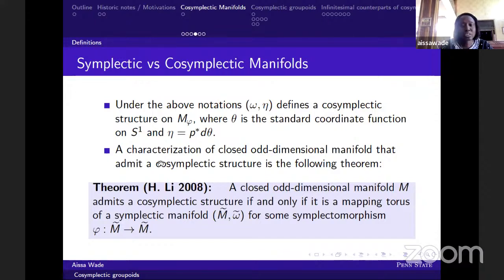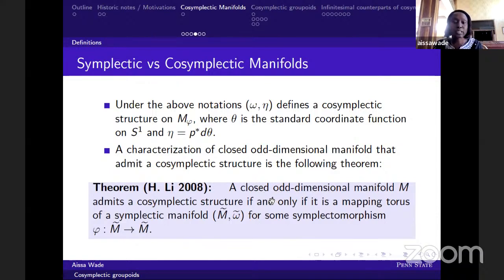Now we have a characterization of closed odd dimensional manifolds that have a cosymplectic structure. A theorem by Li says that a closed odd dimensional manifold admits a cosymplectic structure if and only if it is a symplectic mapping torus for some symplectomorphism of some symplectic manifold.